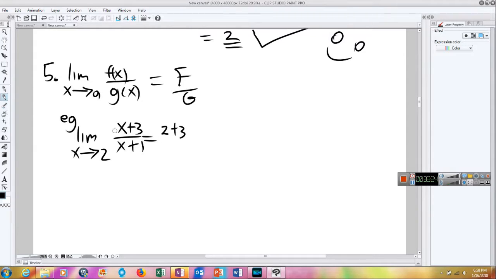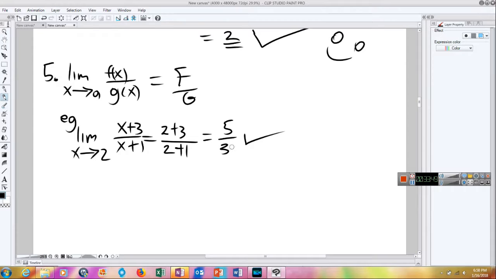If I were to do more work on this section of the limit, I would have to rewrite this limit here and show how I expand this section. So anyway, we're saying 2 plus 3 divided by 2 plus 1. So we're saying 5 divided by 3. And this is okay, so we're just going to leave it there.